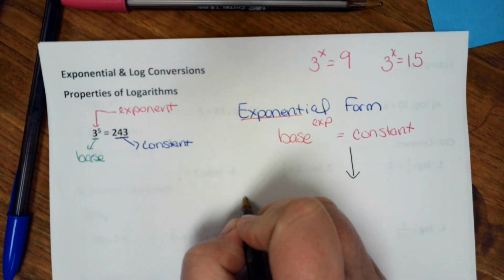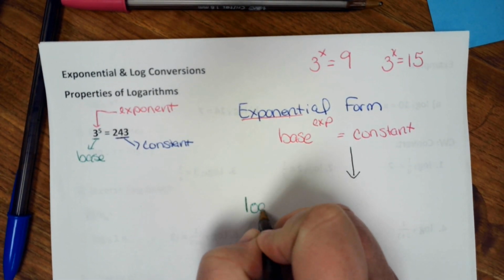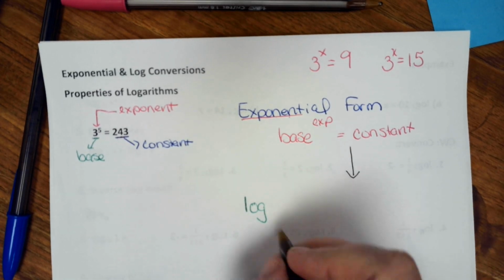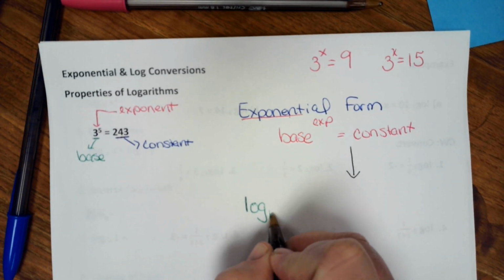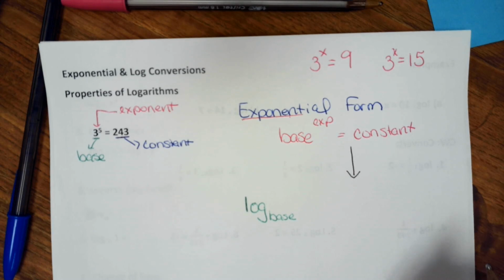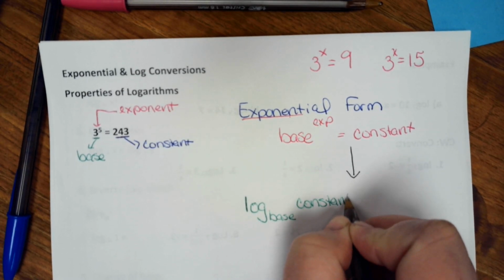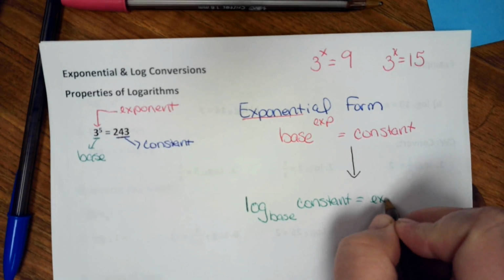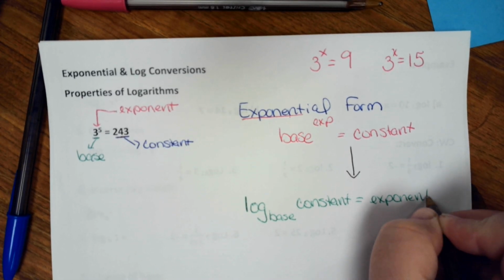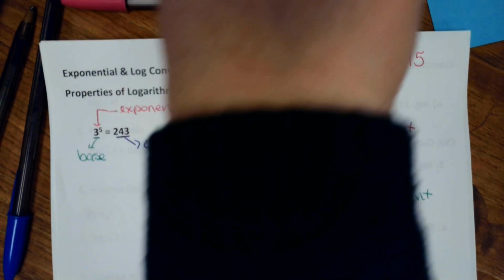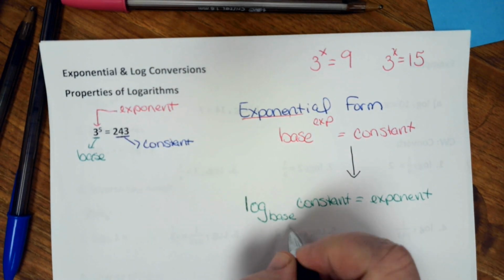All right. So to convert it to a log, you literally write the word log. Then as a subscript, you're going to put your base. Then we've got our constant. It's equal to our exponent. Okay, so again, the base is your subscript.